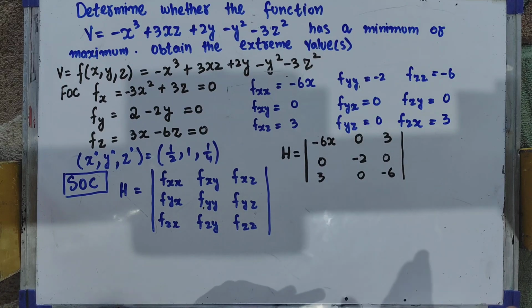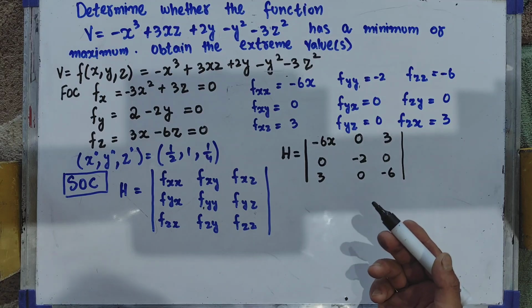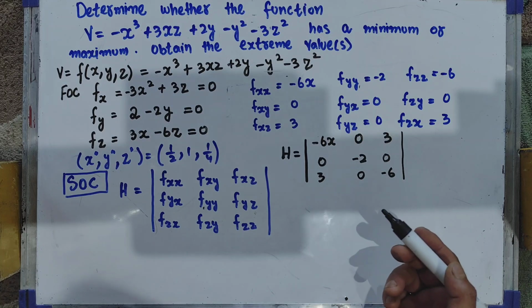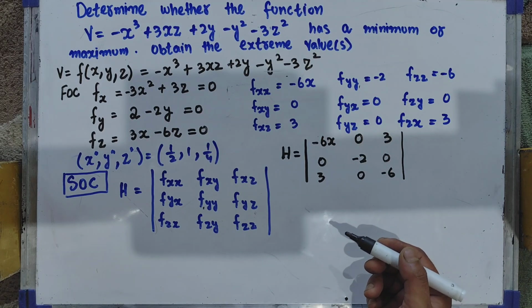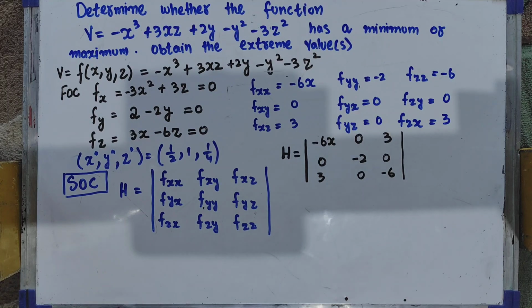Now this is our Hessian matrix. Now we take the minors along the principal diagonal.